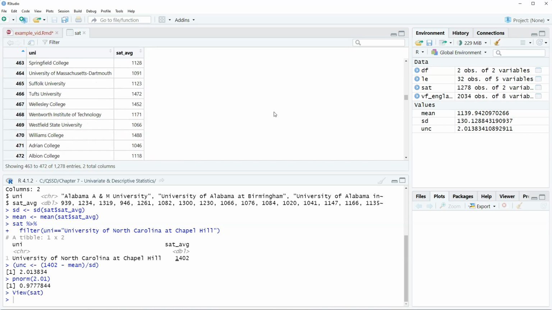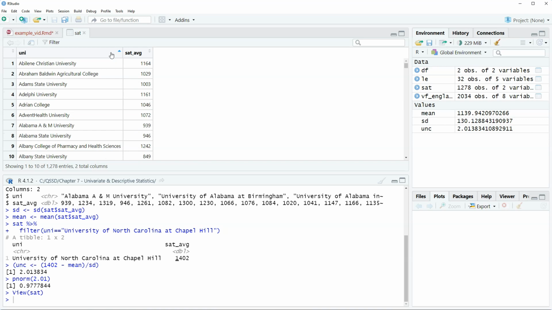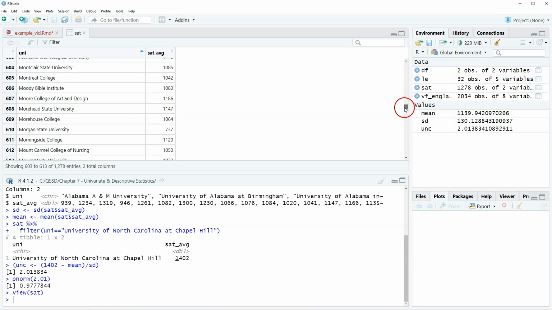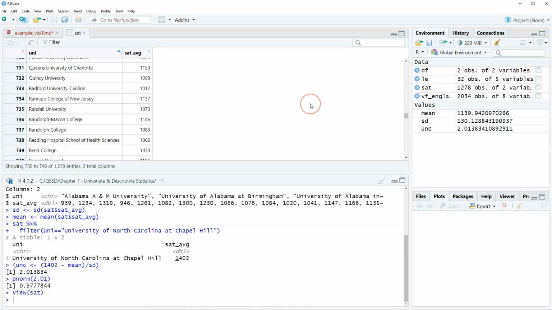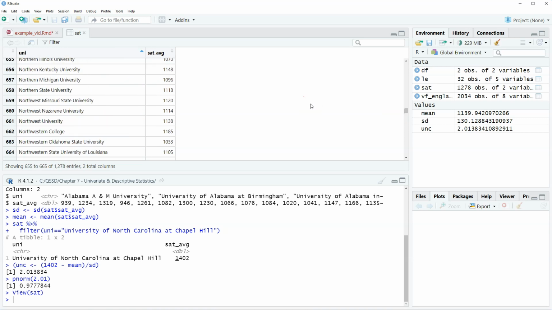Duke's going to be really high. Oh, actually, let's do this. I usually don't do this point and click stuff in RStudio, but let's point and click at that. All right, so we just ordered it alphabetically.